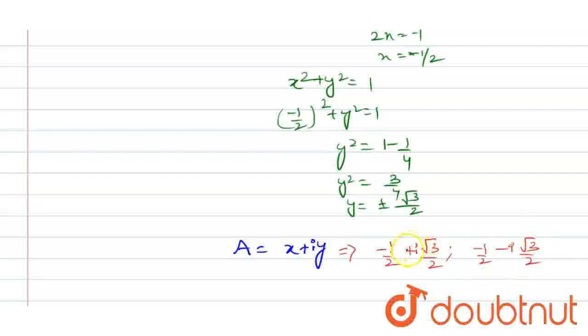Assume that the first value is omega, and the second one is omega square.